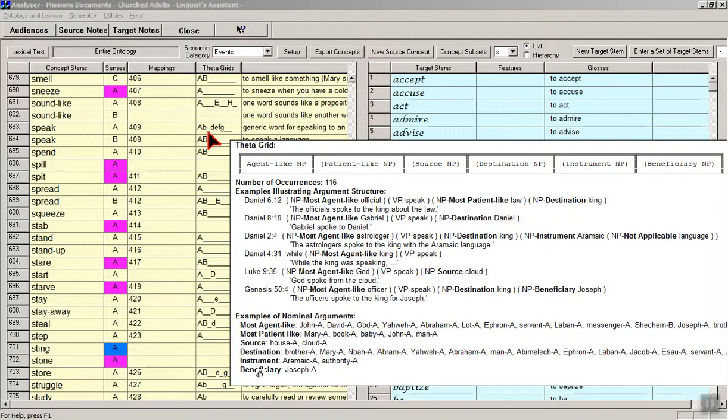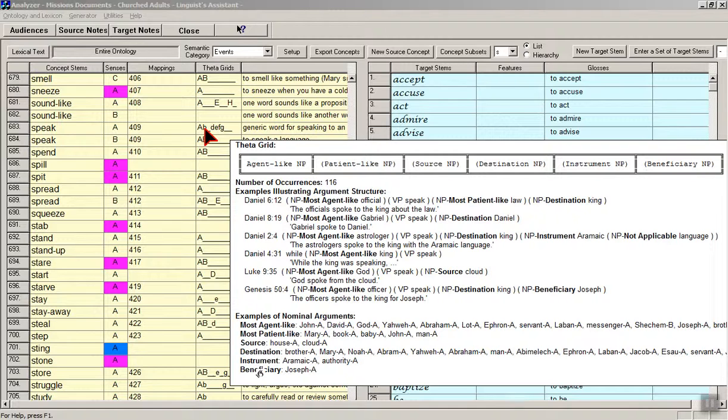Next to Speak A, we see that there's a capital A, where the mouse is pointing right now. The fact that it's a capital letter means that it's a mandatory argument. So the agent is mandatory. The second one has possibly a capital or lowercase b, as in Bravo.